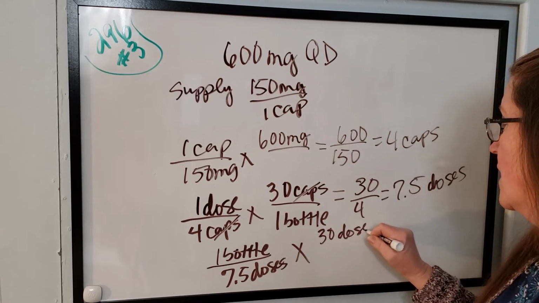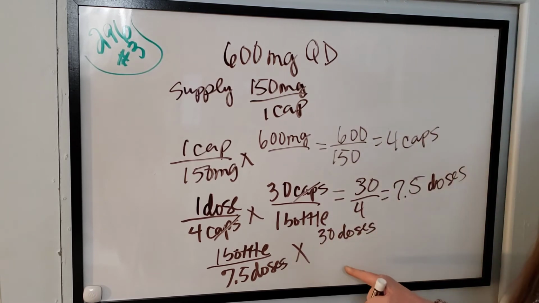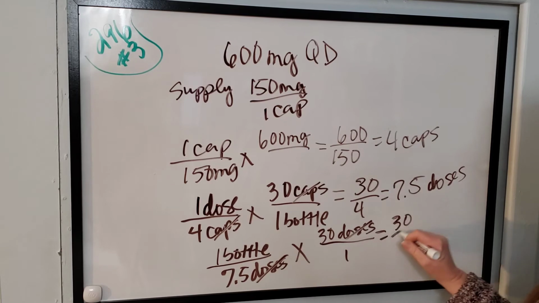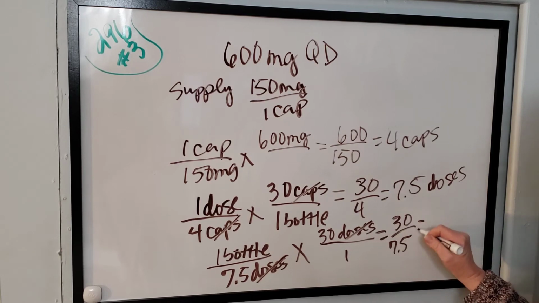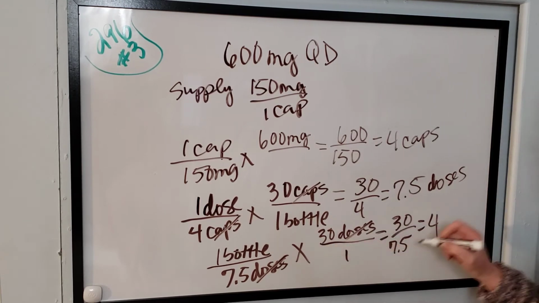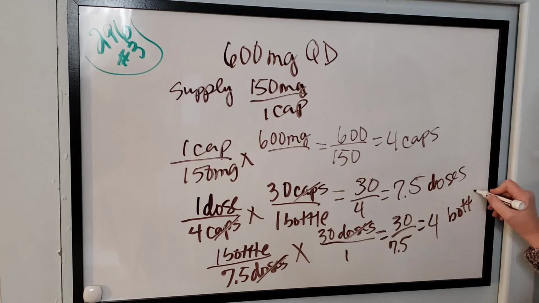That's a 1 month supply because they're only taking it once a day. So in 30 days, they'd only get 30 doses. That's all they need. So 30 divided by 7.5 equals 4. So I'm going to need 4 bottles for 30 days, or a 1 month supply.